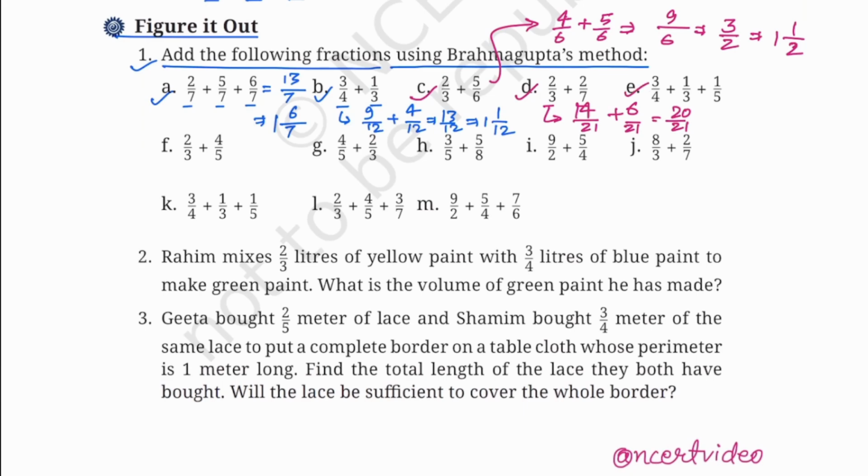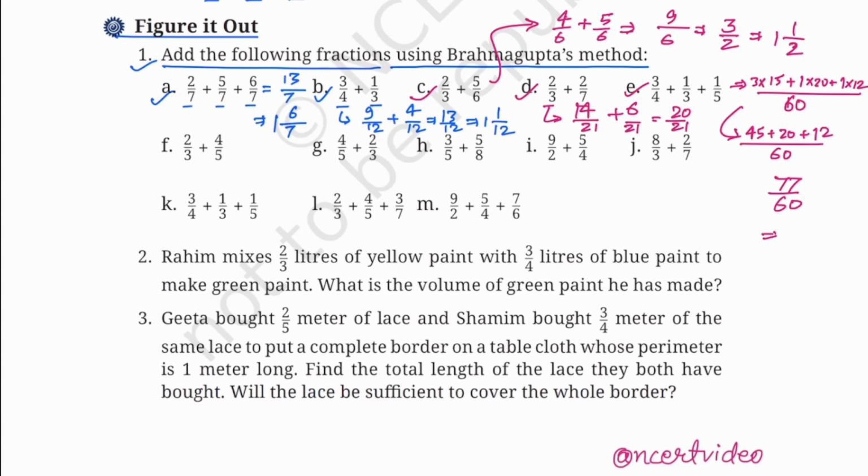E. 3 upon 4 plus 1 upon 3 plus 1 upon 5. Common multiple of 4, 3 and 5 is 60. 3 multiplied by 15, 1 multiplied by 20, 1 multiplied by 12. 45 plus 20 plus 12 is 77 upon 60.